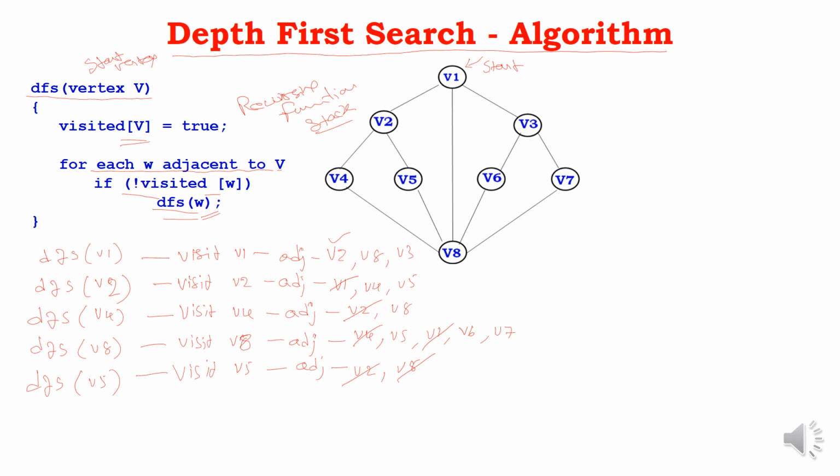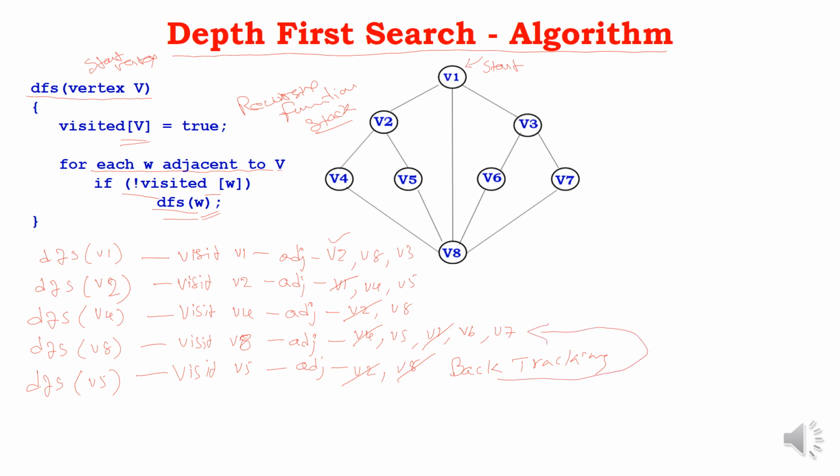So it has to backtrack. It has to go back one step. Backtracking. It goes one step back, again to V8. At V8, what are the adjacent vertices? It goes to the previous stage.